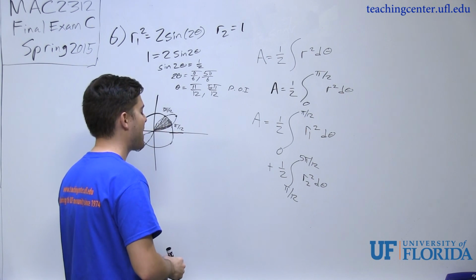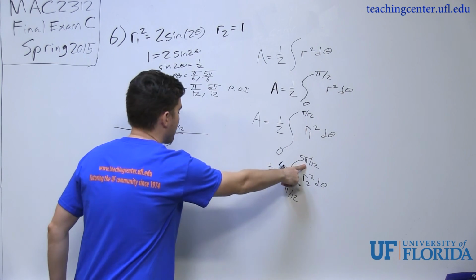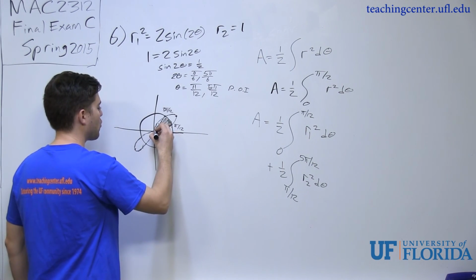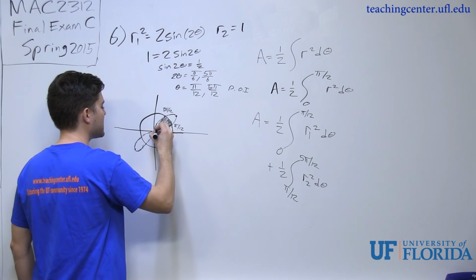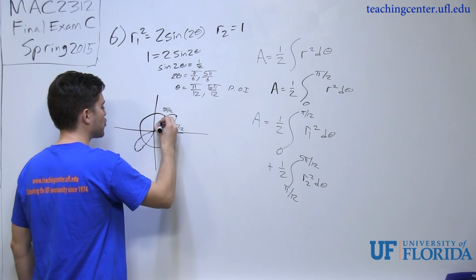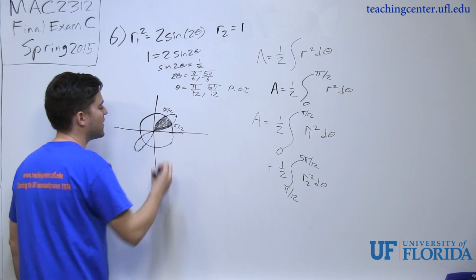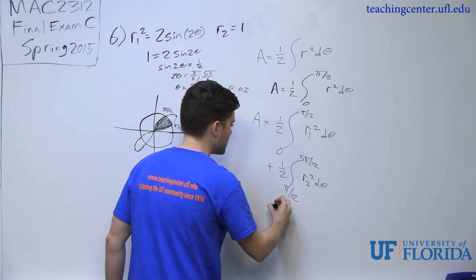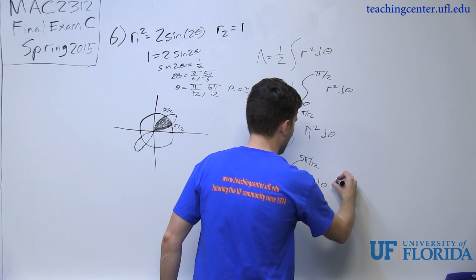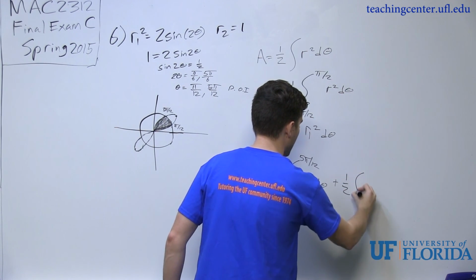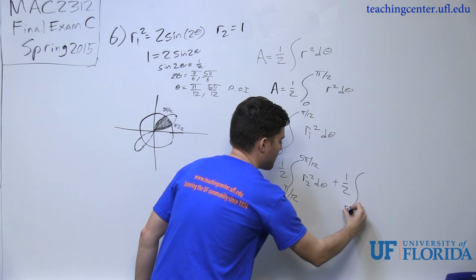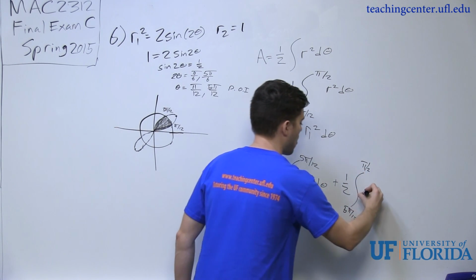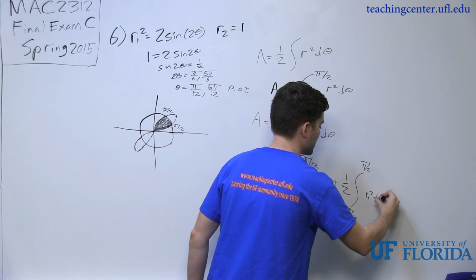And now, to cap it all off, I need to go from 5 pi over 12 to my ending point of pi over 2. So the way I do that is, again, I look where I'm tracing, and I go back to tracing the edge of this infinity sign. So because my radius is only touching that point, I end up with plus 1/2 integral 5 pi over 12 to pi over 2 R1 squared d theta.